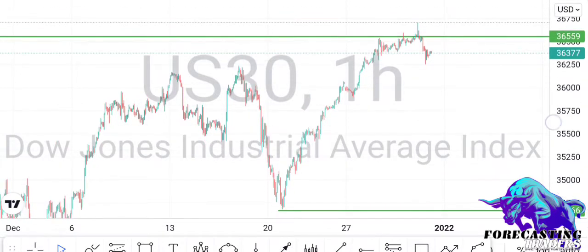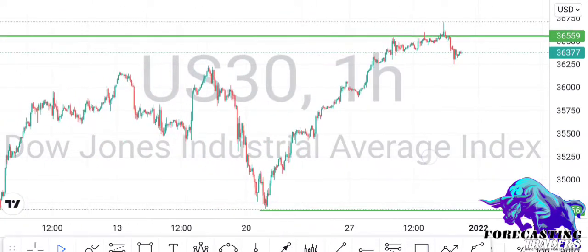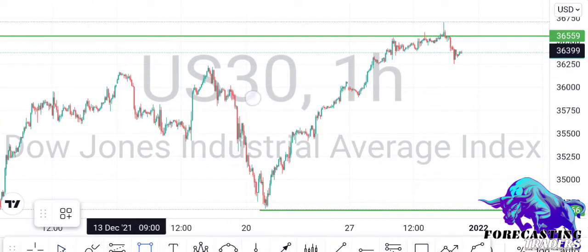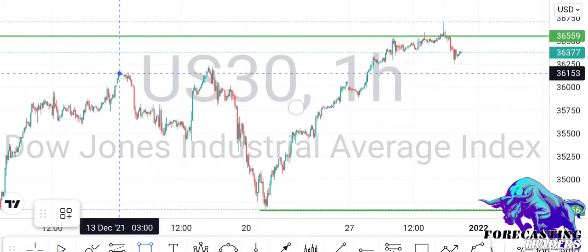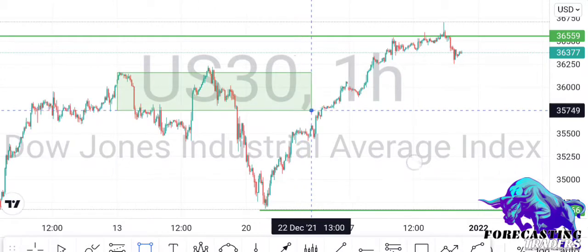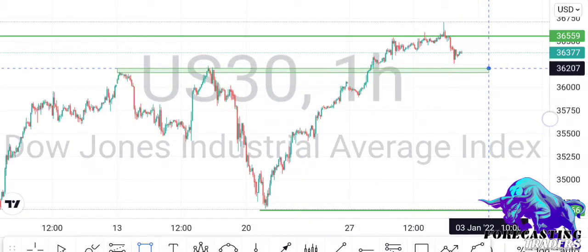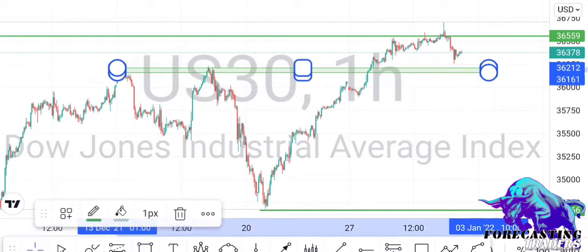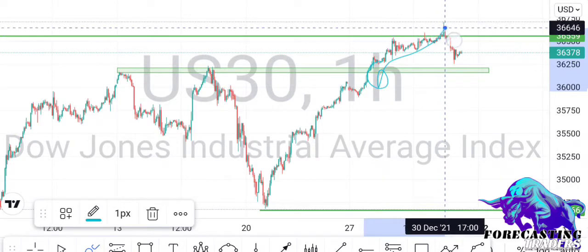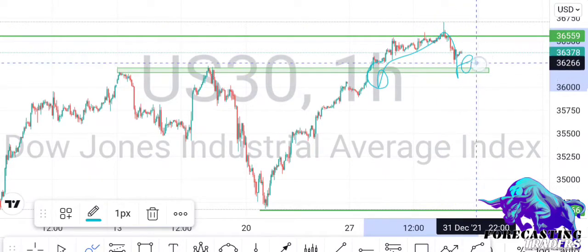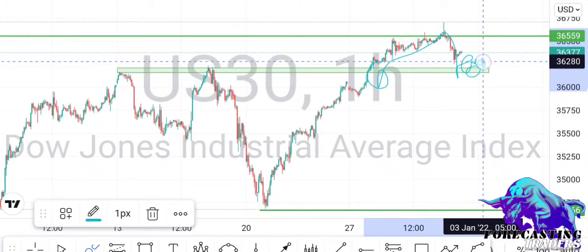Let's just check this. Does this level here, does this level, it just broke it to the upside. It did break here, and then it went to the upside, and now it seems to be coming to this level again.